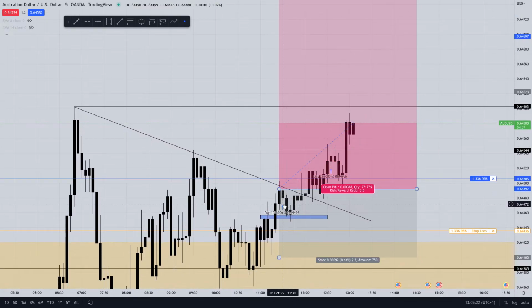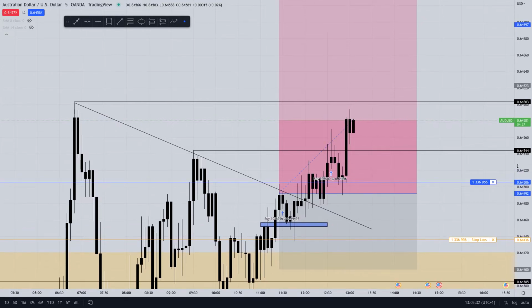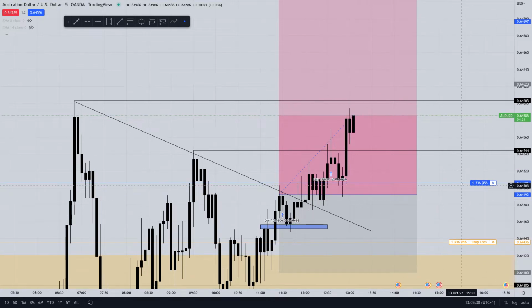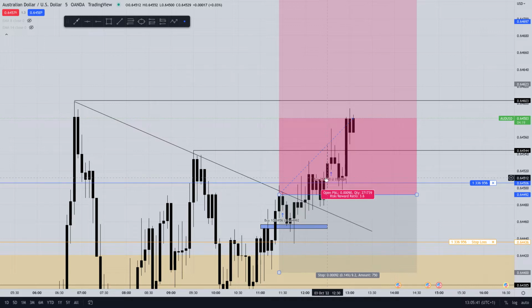So that was my first entry, and then as price moved up, I took a second and scaled into my position, about a quarter of my position size. I put in about 250,000 units extra, as you can see right here.